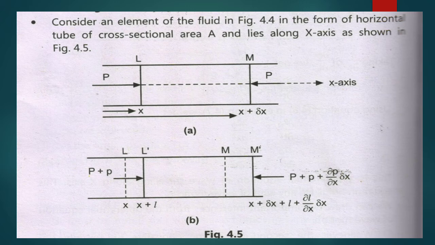Let it be displaced through l plus ∂l/∂x into delta x. Now the distance of L dash from the same origin is x plus l, and the distance of M dash from the same origin is x plus delta x plus l plus ∂l/∂x into delta x.